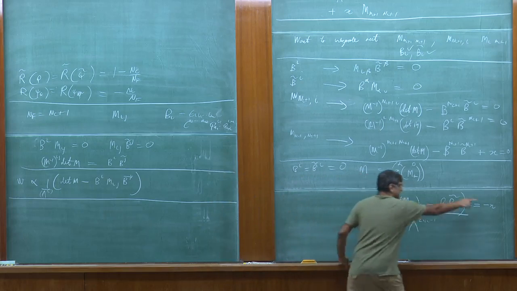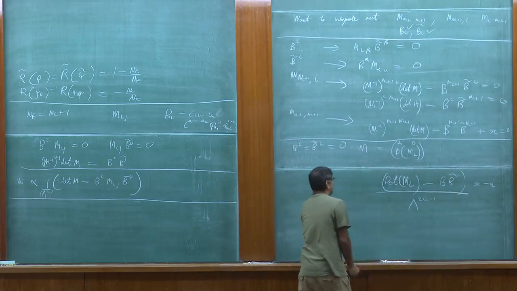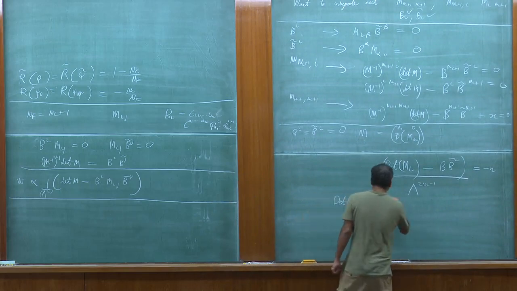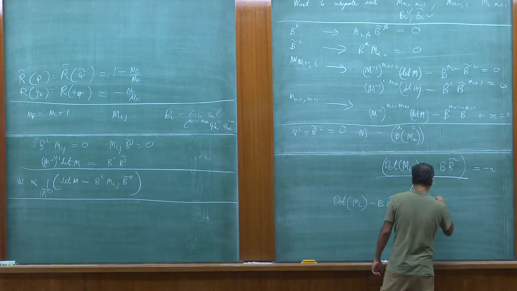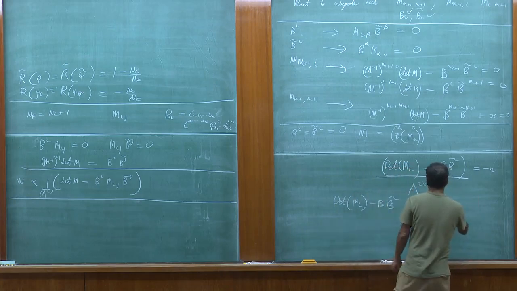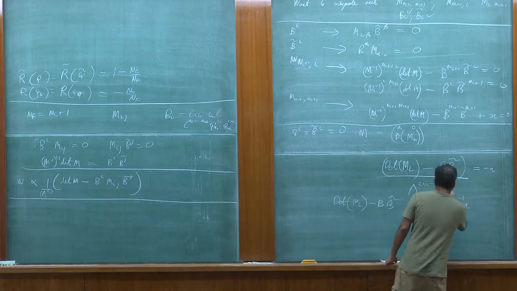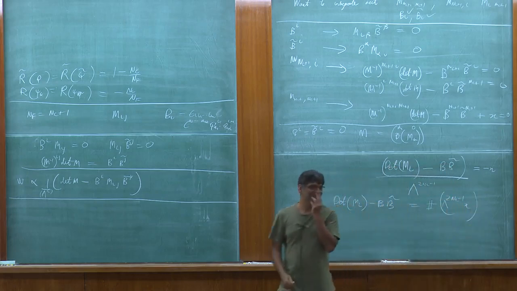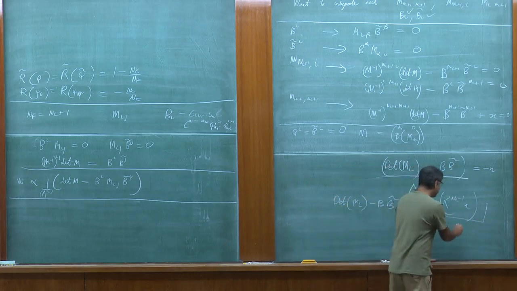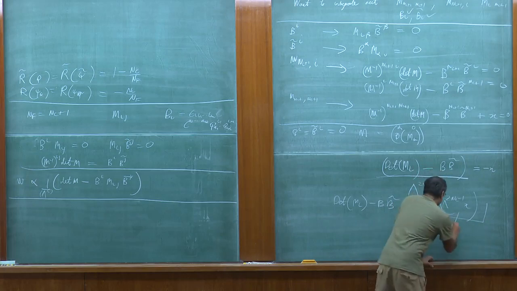Okay, now let's take this up here. This becomes det of M low minus B tilde is equal to some number of order 1, some sign doesn't matter, times lambda to the power 2nc minus 1 times x. But you remember that by the decoupling relations, this was precisely lambda low to the power 2nc.